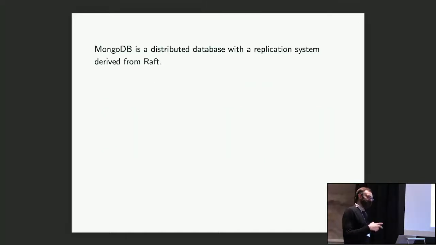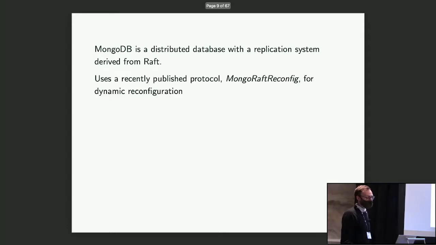MongoDB is a distributed database with a replication system that uses a consensus protocol derived from Raft. So it's conceptually very similar, with some extensions, optimizations and modifications, but the underlying protocol is very similar. And it employs a recently published protocol that we call MongoRaftReconfig for doing dynamic reconfiguration.